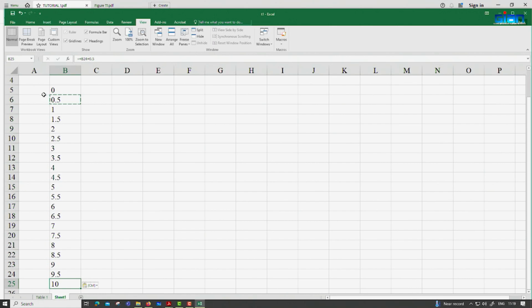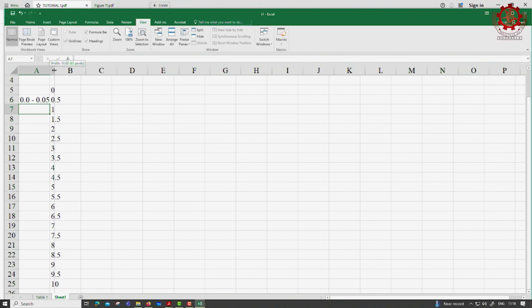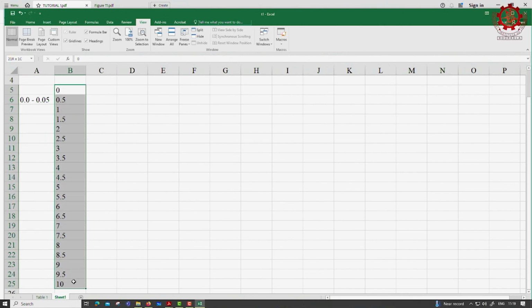So, this 0.5 really means 0.5 to 1.0, that is the class interval, but I have just typed it as 0.5.